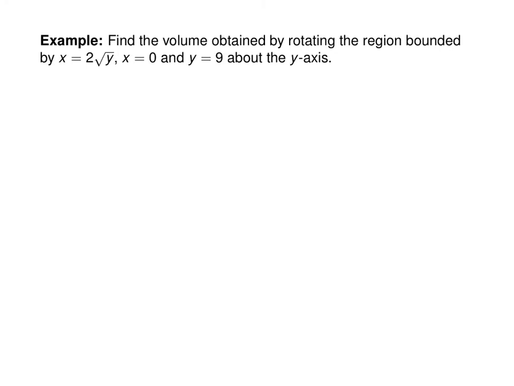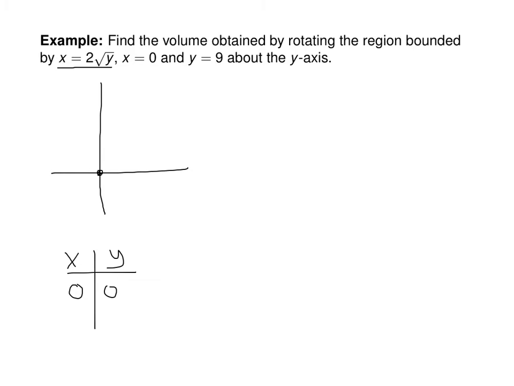Let's start by getting an idea of what this x equals 2 root y looks like. So let's make a table, just plug in some numbers, and it's going to be easier to plug in for y and find x. So if we put 0 in for y, we get 0 out for x. If we put in 1 for y, we get out 2 for x.